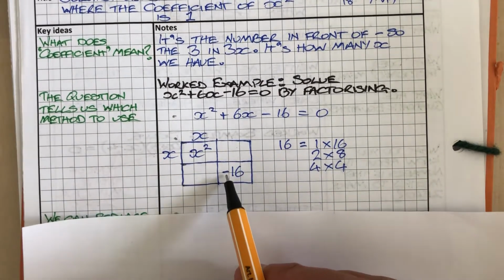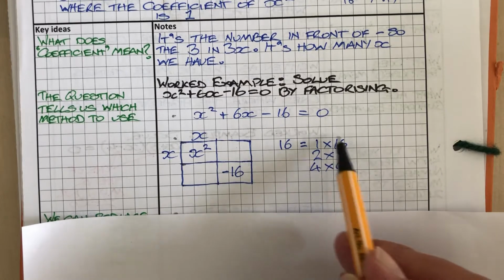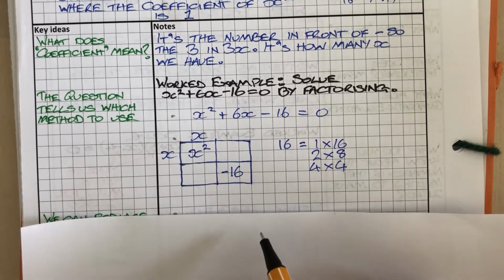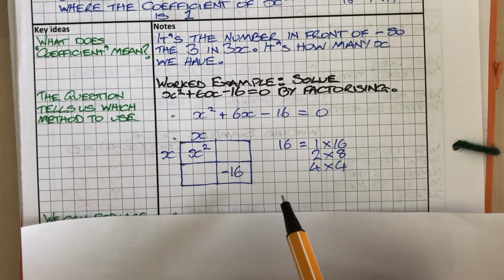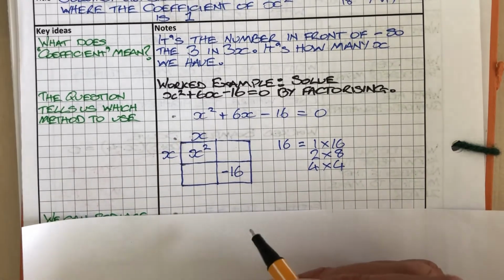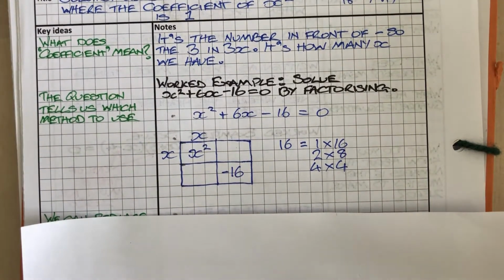Now, it's not 16, it's negative 16. So what that means is that I want two numbers from here that subtract to make this middle number. All right, two numbers that when I take one away from the other, I get 6. Well, that's not 1 and 16, and it's not 4 and 4.